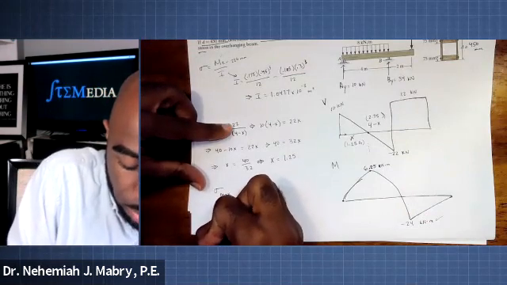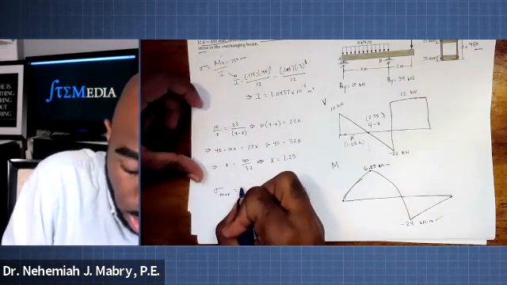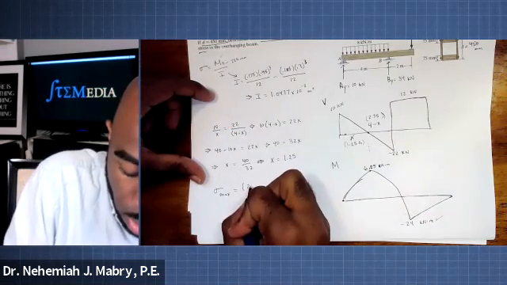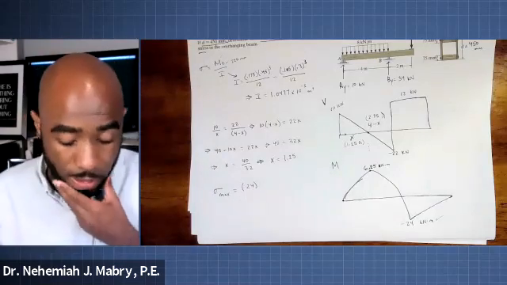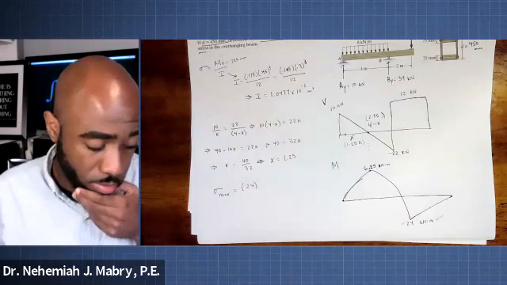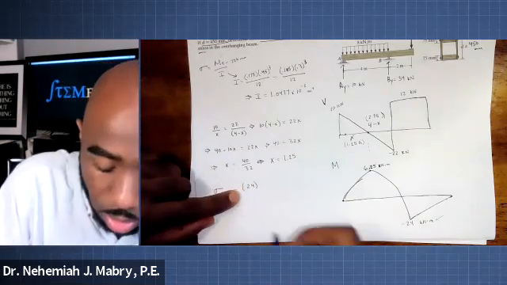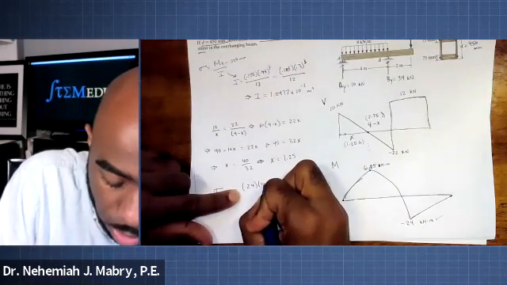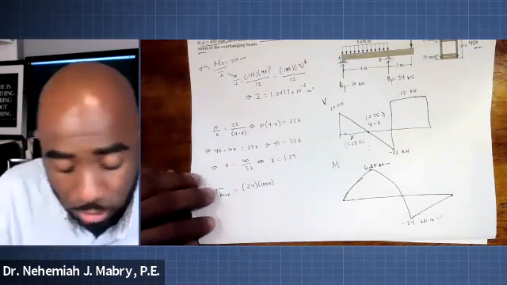So this sigma max is going to be equal to the moment, 24, right? Newton meters. And because it's 24 kilonewtons, we'll convert that just to regular newtons. So kilonewtons to regular newtons, we'll multiply by 1,000.